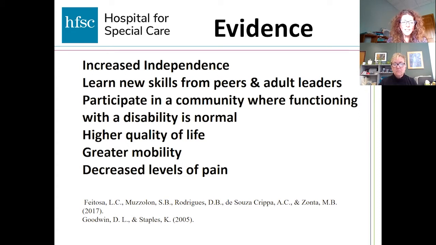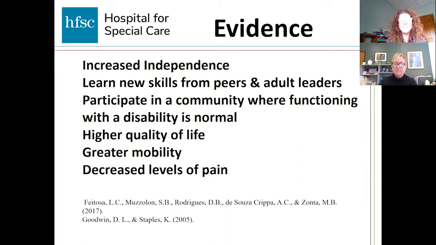In the second study, 2005, Goodwin and Staples examined the impact of summer camp experiences for individuals with disabilities ages 14 to 19. Their research found that camp provided a reprieve from their communities where they often felt isolated.